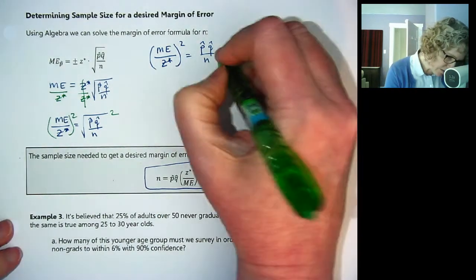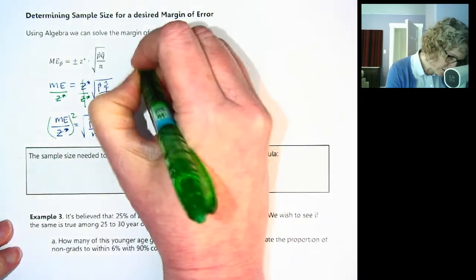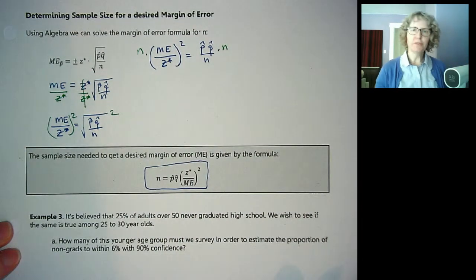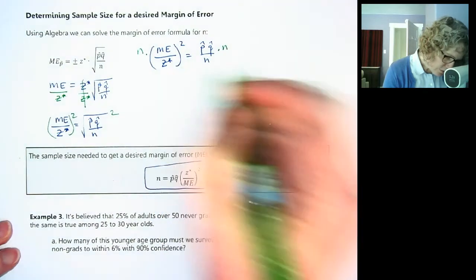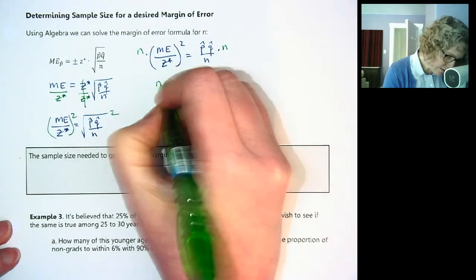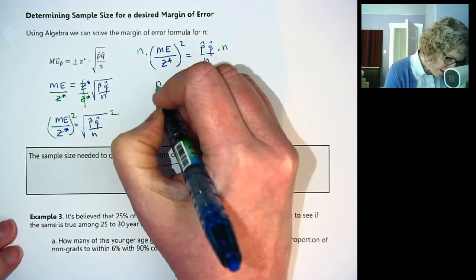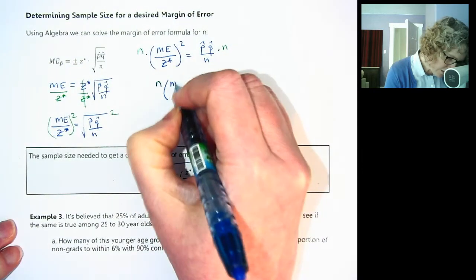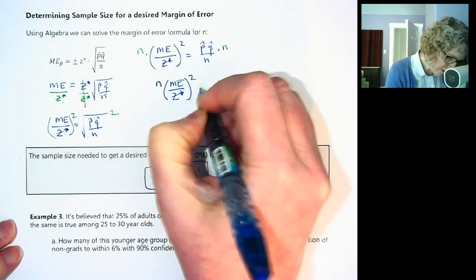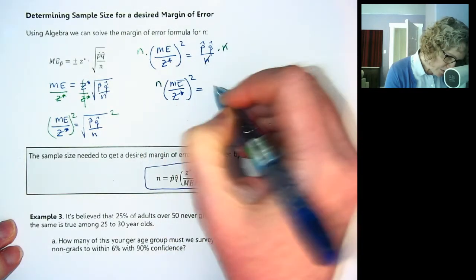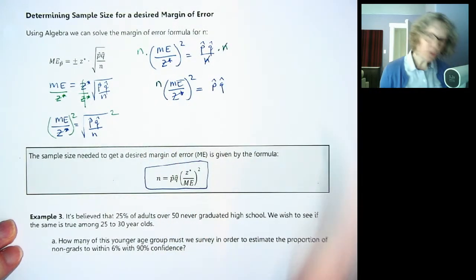So I'm going to multiply by n. I could also just flip the whole thing over; that's another way you could do it. So now we have n times the margin of error over z star, squared, is equal to p hat q hat.